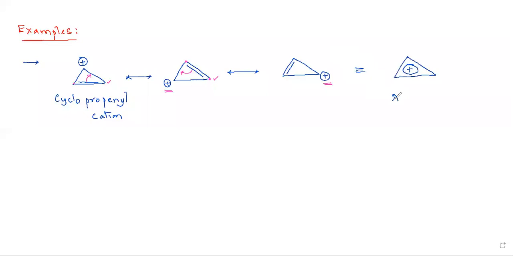So therefore, this is aromatic, right? And of course, even the hybridization, if checked, we know that the double bonded carbons are sp2, even the carbocation is sp2. So sp2 hybridization.